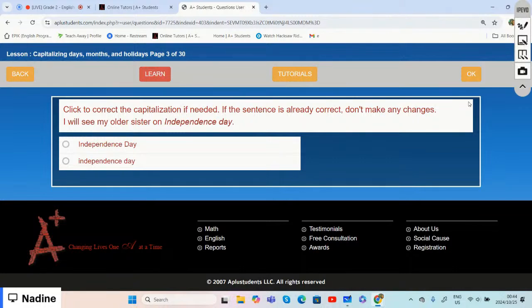I will see my older sister on Independence Day, option one, or Independence Day, option two.